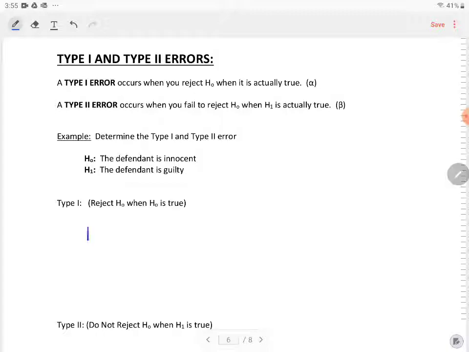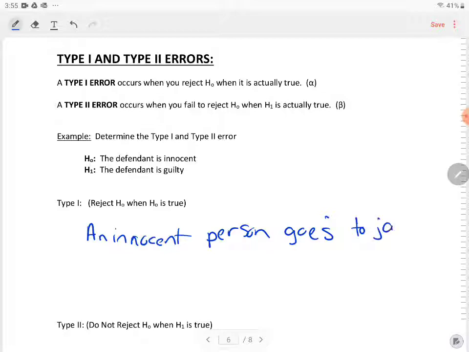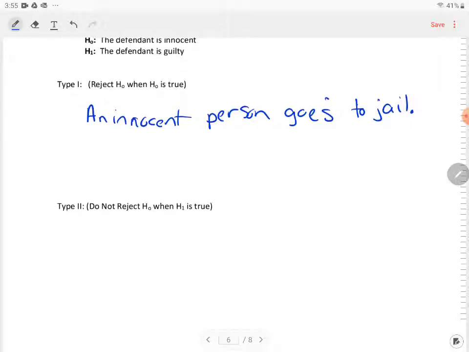So an innocent person goes to jail, because you're saying you're going to reject that they're innocent. So that means an innocent person goes to jail. Notice we didn't say that they're guilty. Non-innocent does not mean that they're guilty, and you see that a lot of times in a court of law.